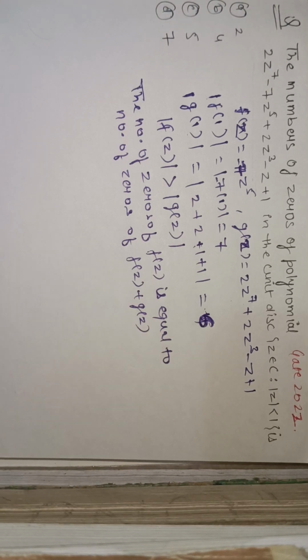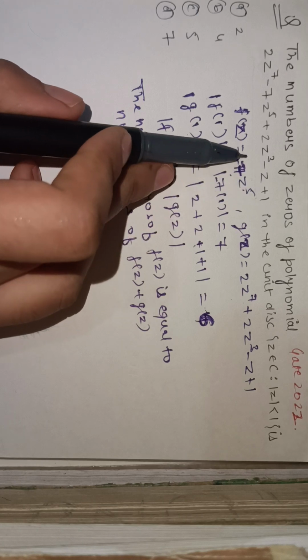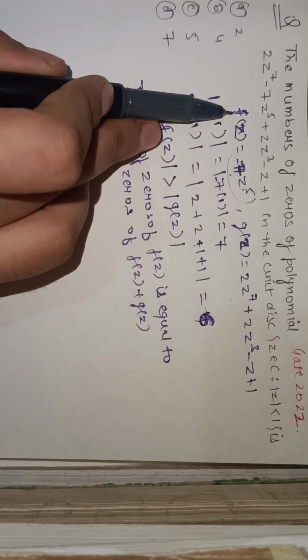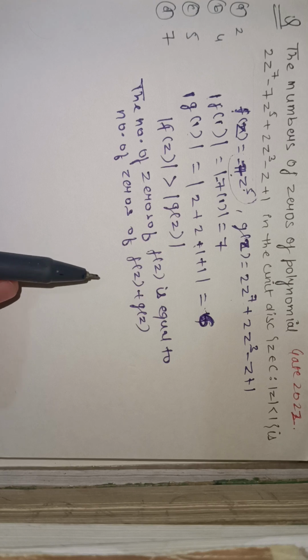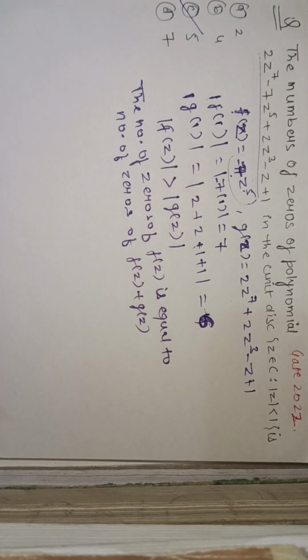Here the number of zeros of f(z) is 5. So the number of zeros of this polynomial is also 5, by Cauchy's theorem.